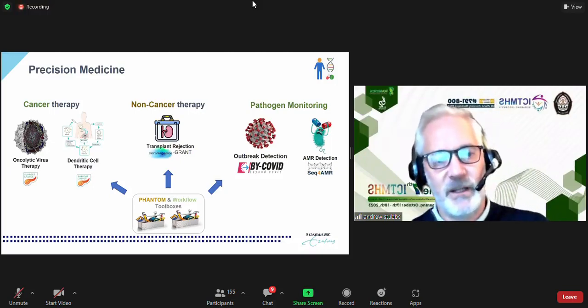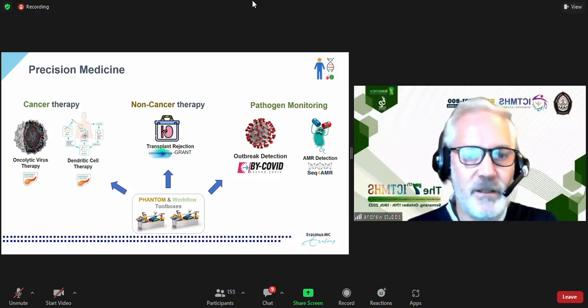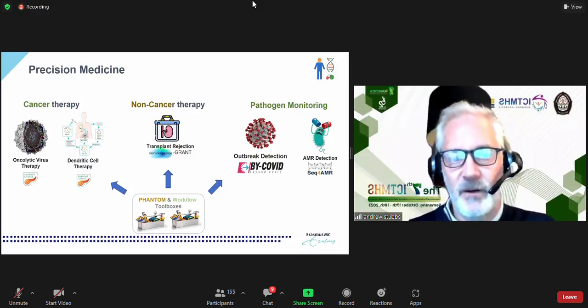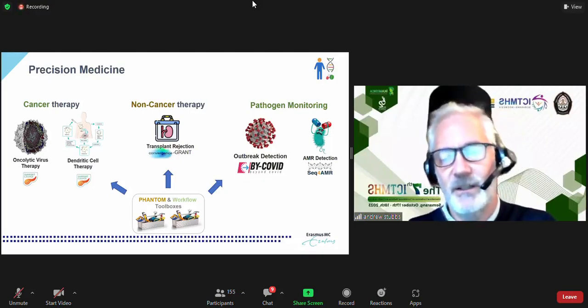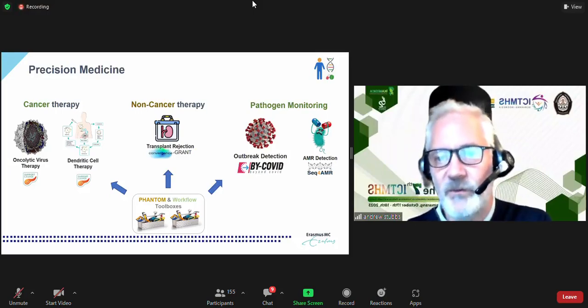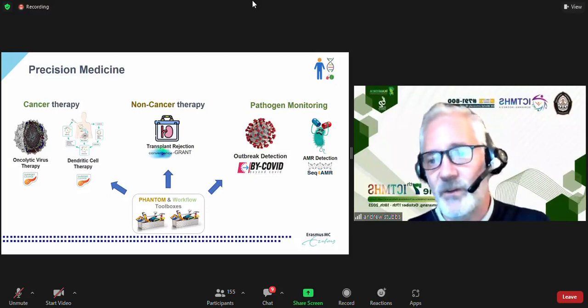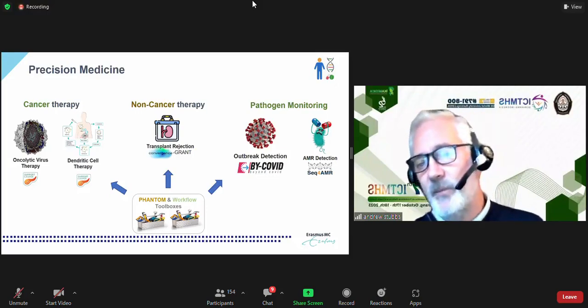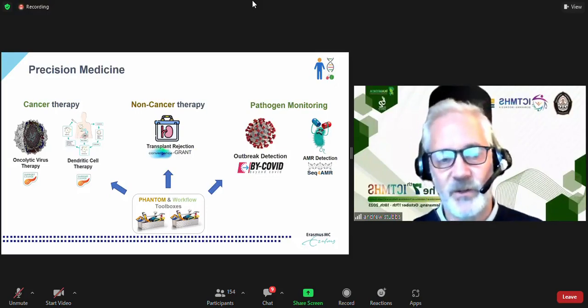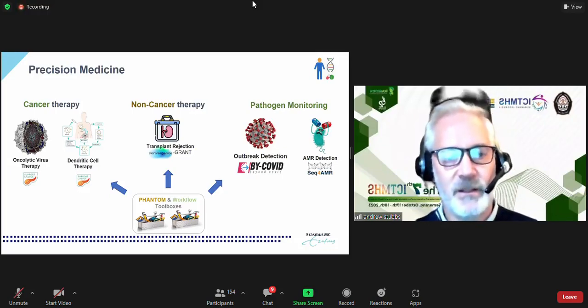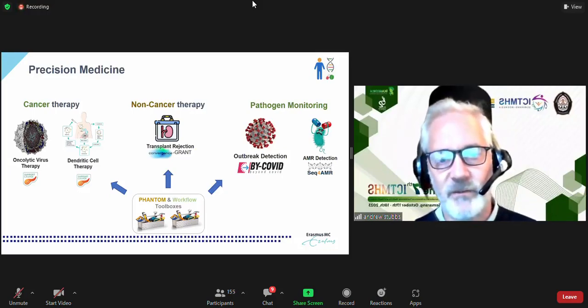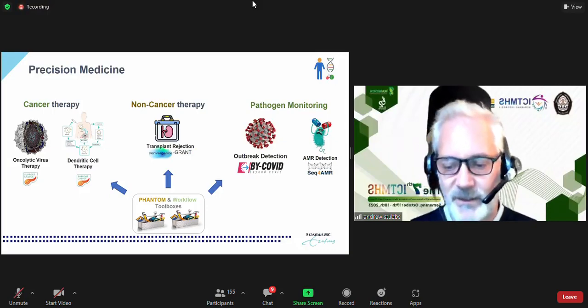We're looking at dendritic cell therapy with our clinical teams. I presented something here on our transplant rejection. I presented a little bit, just very briefly, on our pathogen monitoring. We use standardized workflows. And what I didn't present here is AMR detection and reproducible detection of these AMR environments, which can be used anywhere worldwide using very simple technologies using Galaxy.